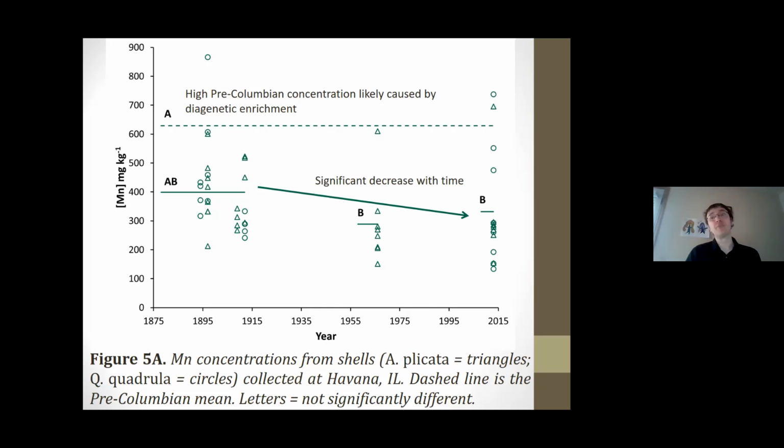I'm not an expert on diagenetic enrichment, that is something that goes a little bit over my head, but looking at the literature, all the archaeological studies that have looked at manganese have found this enrichment factor in both shells and in some other things like pottery as well. So this is something that manganese does over time. And so that's likely why it's so much higher than our modern and historic shells.